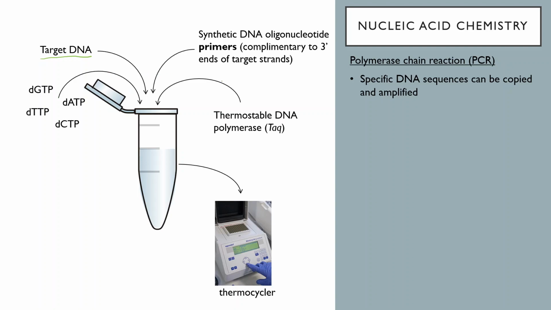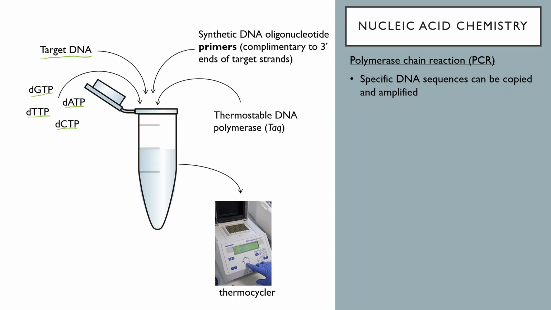And then you add your deoxynucleotide triphosphates. These are the four bases, or the four nucleotides, that you need to make a new DNA molecule. So when we say dATP, that means deoxyadenosine triphosphate, deoxyguanosine triphosphate, deoxythymidine triphosphate, deoxycytidine triphosphate.